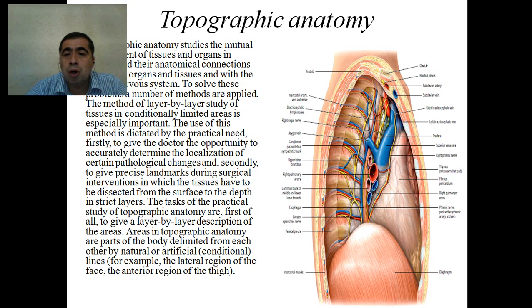Especially you have to know it because you are future stomatologists, you are future plastic surgeons. And this subject is very detailed. And also the anterior region of the thigh is very important.